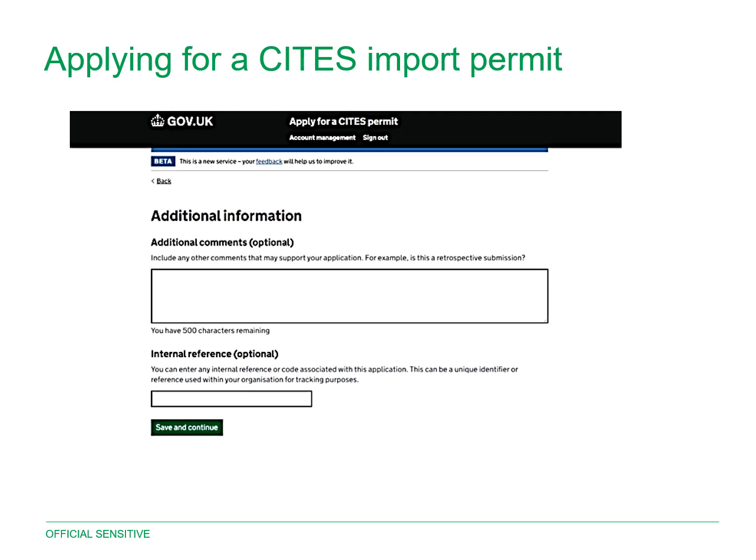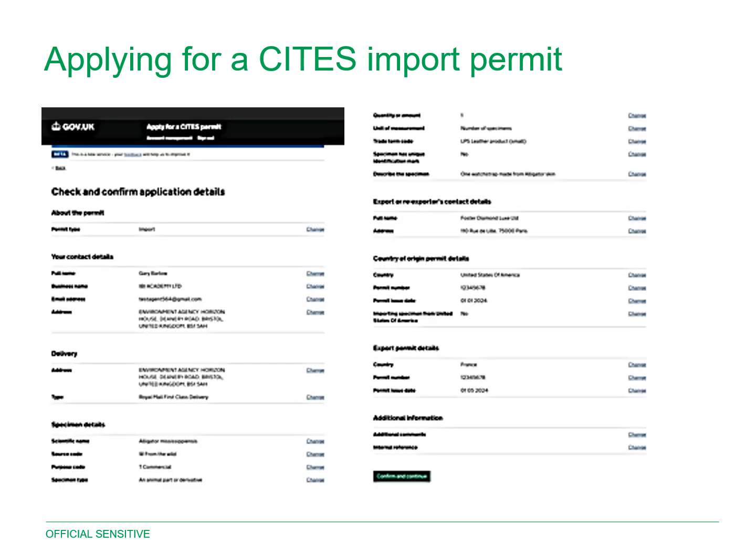You can also enter an internal reference or code associated with this application. This can be a unique identifier or reference used in your business or organization to make tracking your CITES applications easier. Once you have entered any additional information, click Save and Continue.